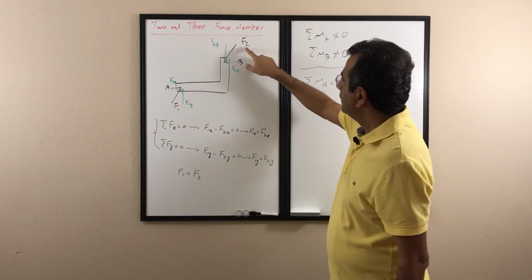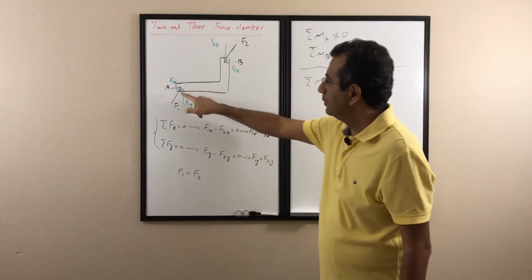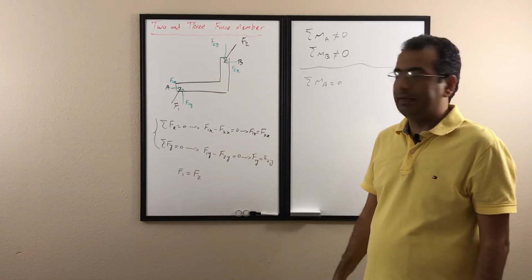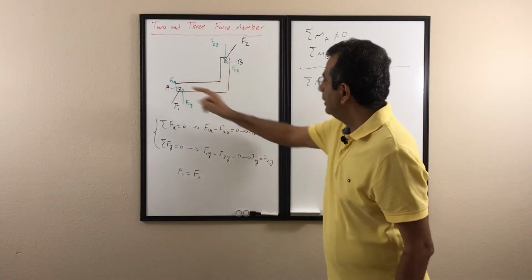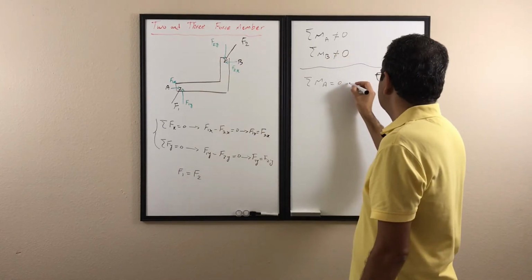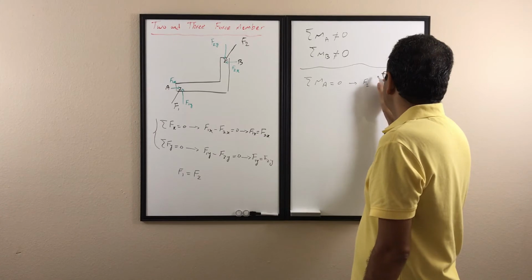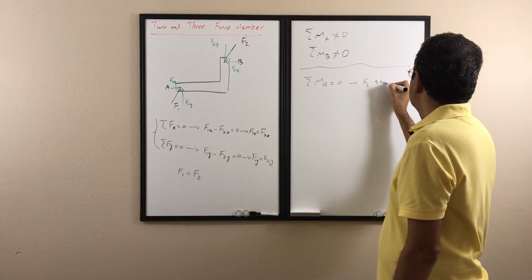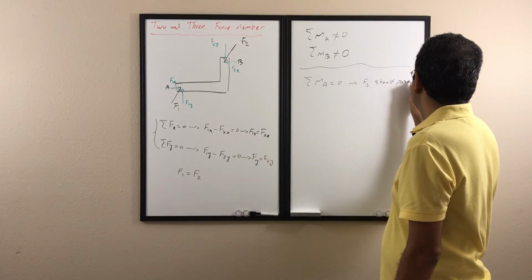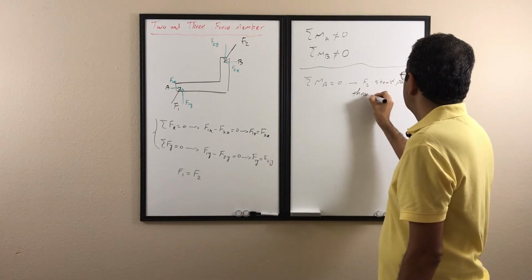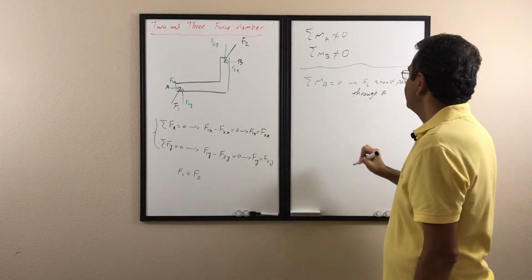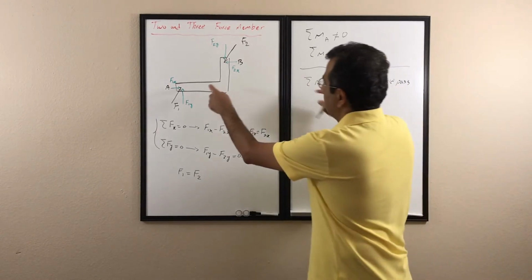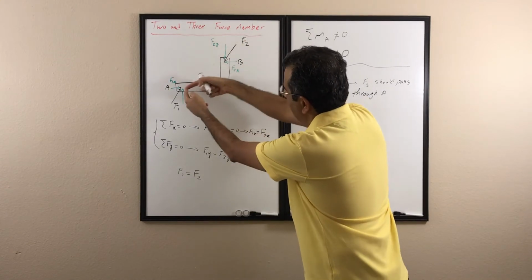To make sure that the moment of F2 about point A is 0, F2 should also pass through A. So this one says that the line of action of F2 should pass through A. That's the only way that I can get sigma M about A equal to 0. So the direction of F2 should be in a way that it passes through A.